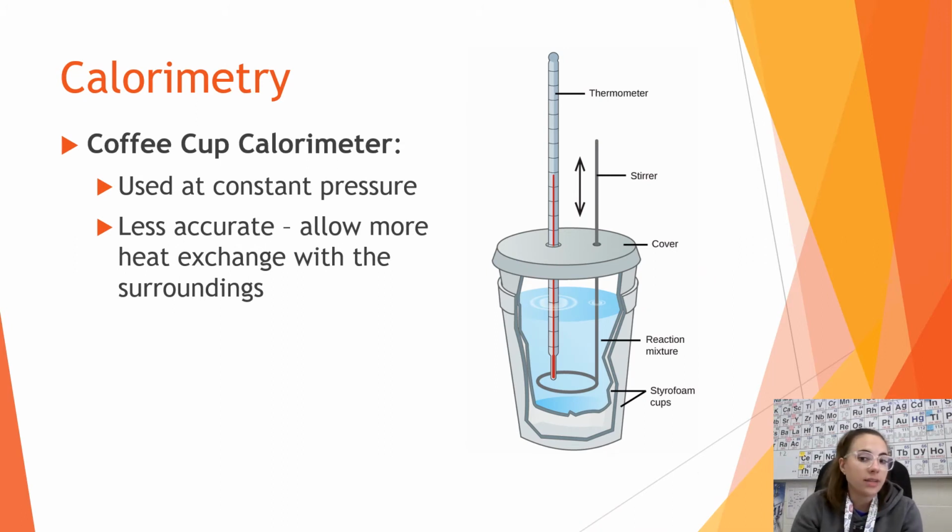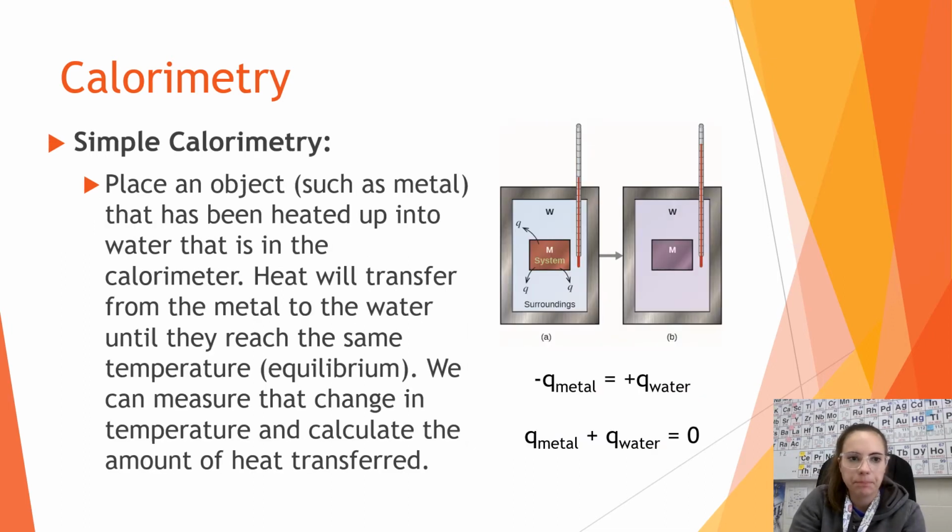So a lot of times, especially in chemistry classes, we just use a very simple coffee cup calorimeter. You have 2 styrofoam coffee cups, one nested inside the other one, and that's going to insulate pretty well. We have a thermometer down in there, but they aren't the most accurate, but they work pretty well for a chemistry lab.